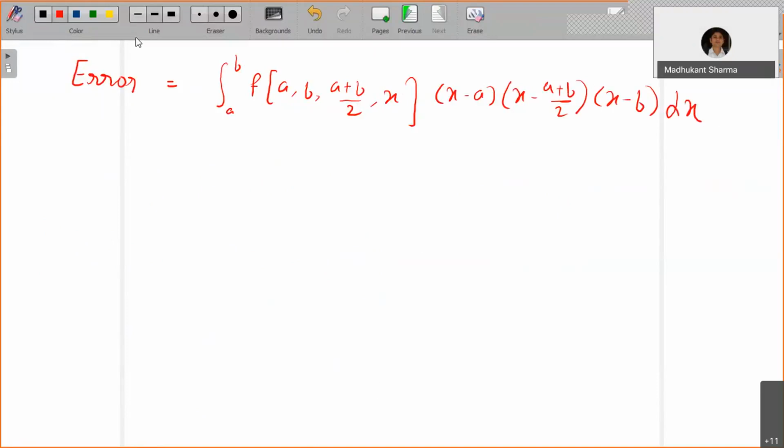Note that this divided difference is continuous. It's not a problem. The problem is w of x.